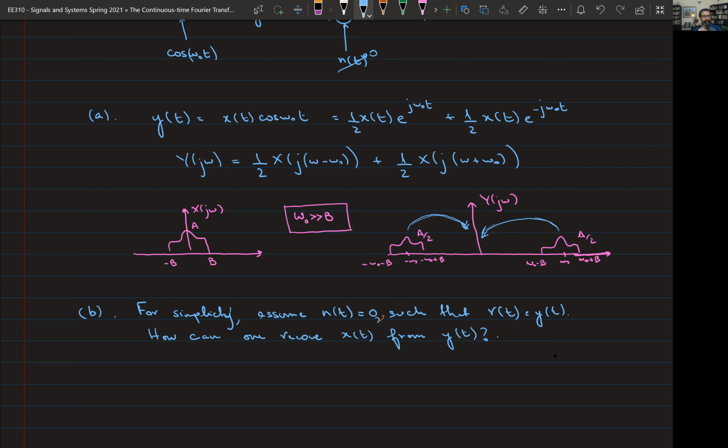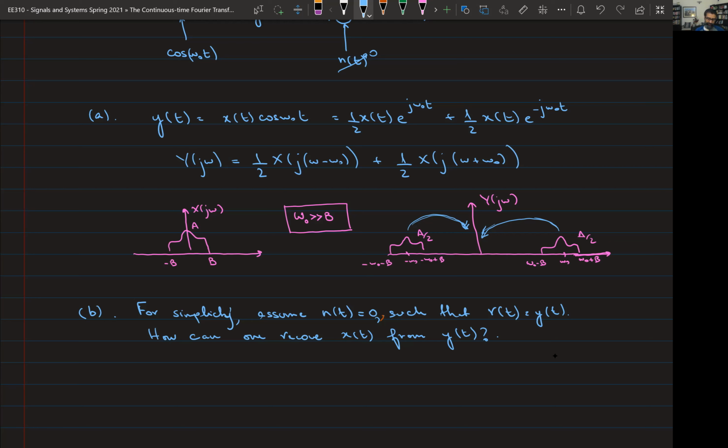Right, so the shifting property. Which property? Yes, the frequency shifting property, which in the time domain is actually multiplying by a complex exponential. And people figure out here, what if I multiply this y of t once again with cosine omega naught t?